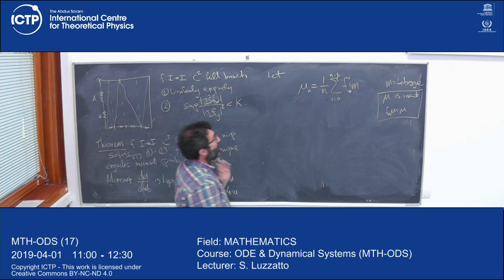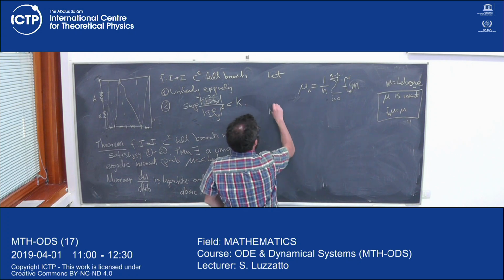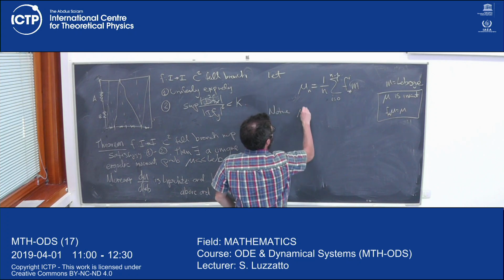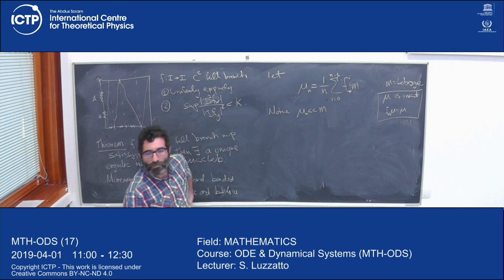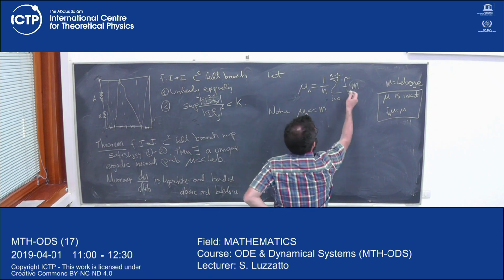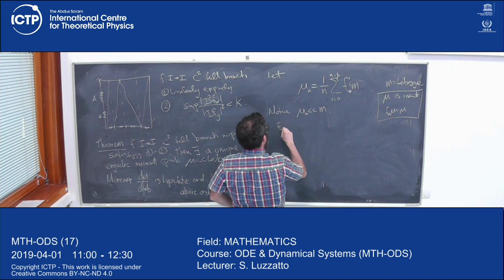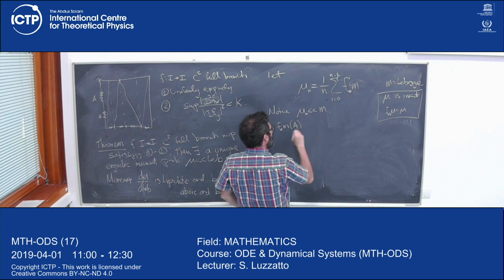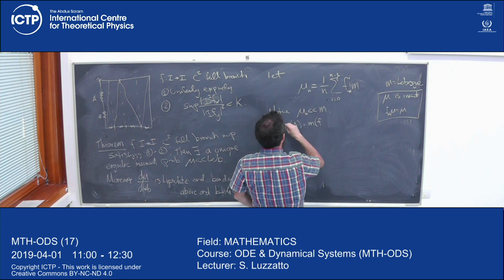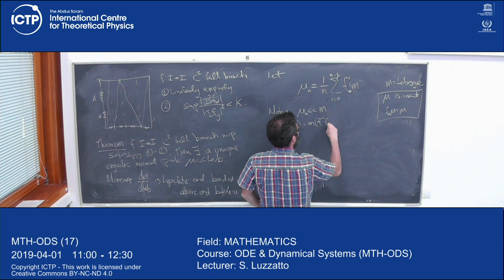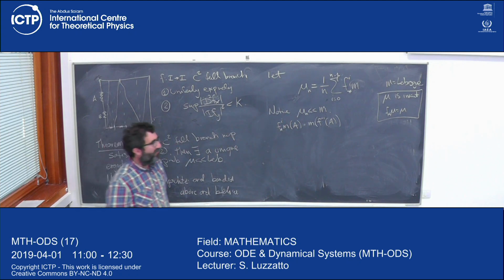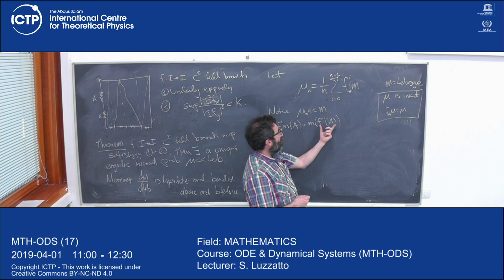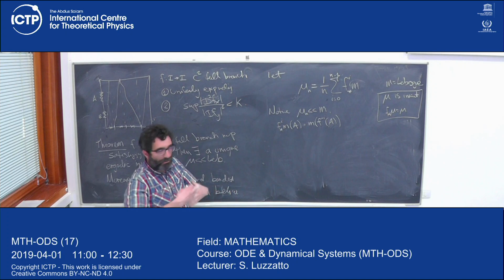So first of all, notice that mu n is absolutely continuous with respect to Lebesgue. You agree with this? Because remember, the definition of f star m of A is equal to m of f minus i of A. So if A has 0 Lebesgue measure, f minus i of A also has 0 Lebesgue measure, because the map is expanding, so it's non-singular.